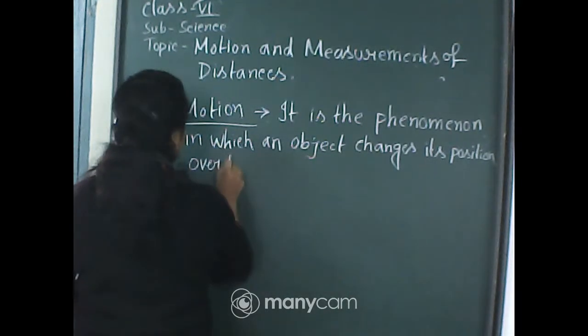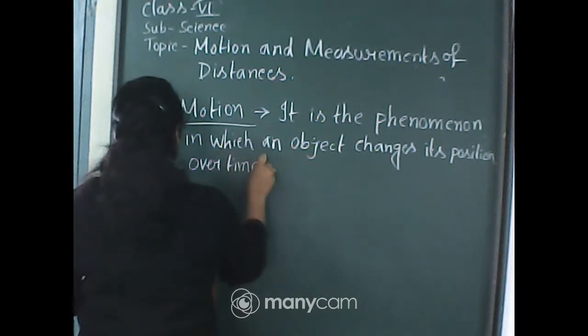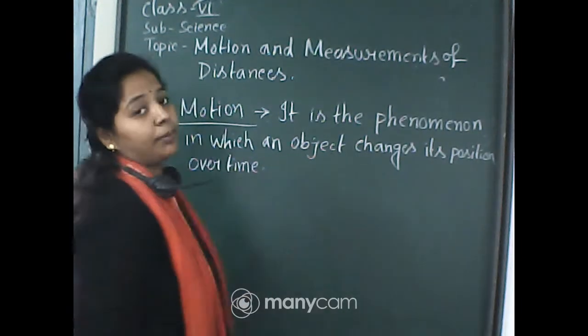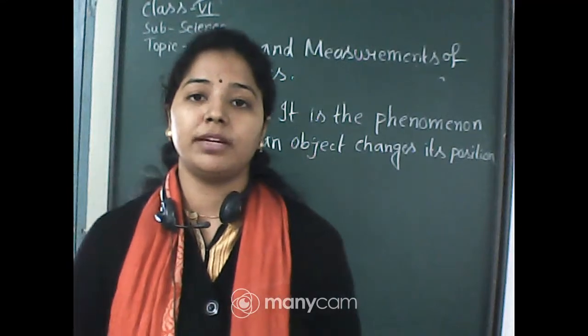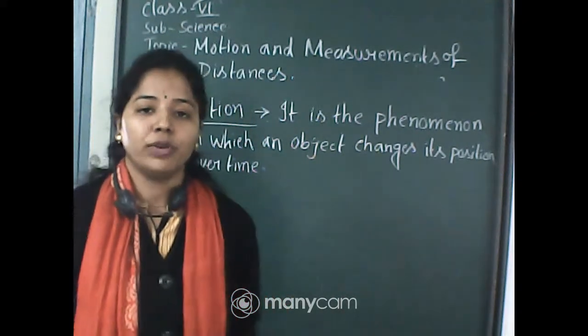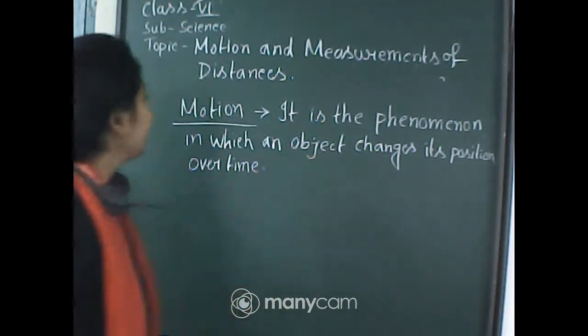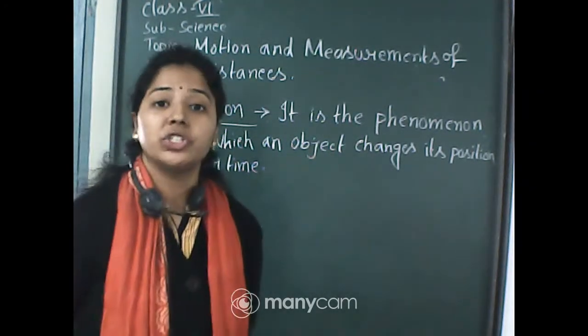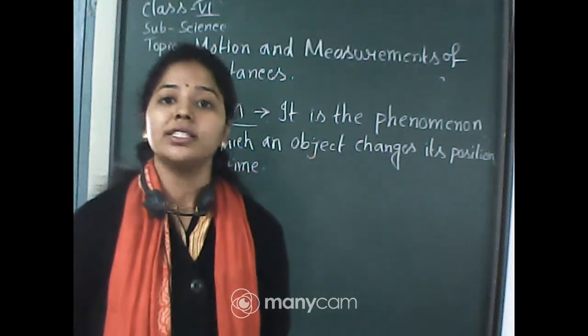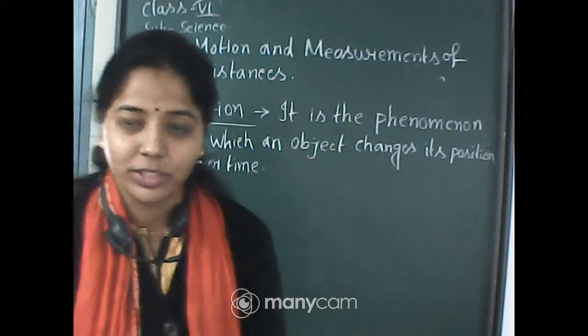So this is called motion. In mathematical terms, motion can be described by means of displacement and velocity, which we will come to know in higher classes. I hope you understood this term.